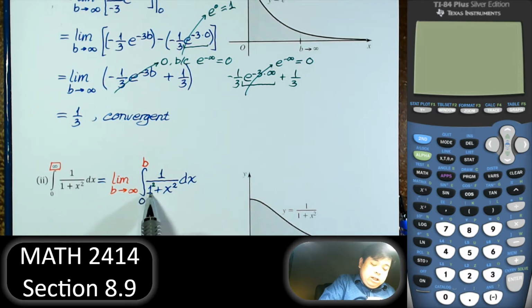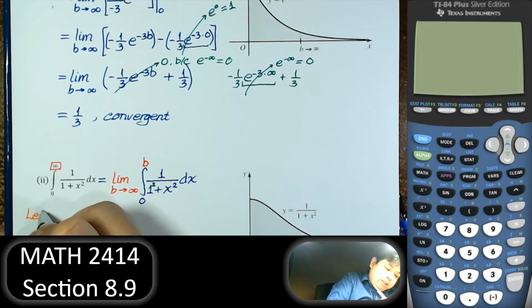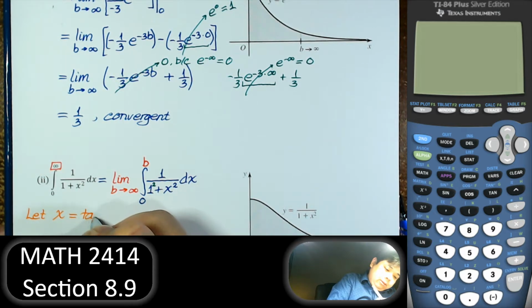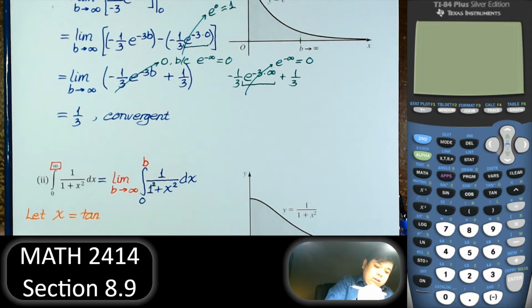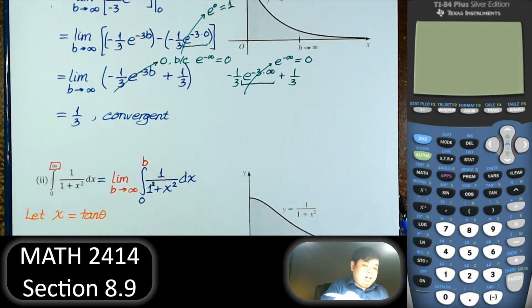Right. First, let x equal to, when we have a constant square plus x squared, that is tangent. X equal to a tangent of theta, but a is equal to 1, so we just have 1 tangent of theta.